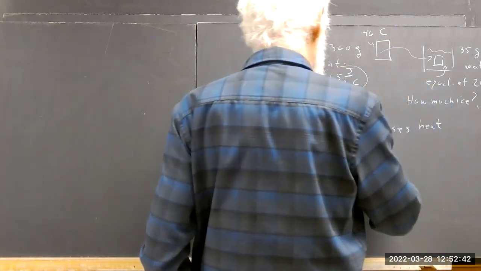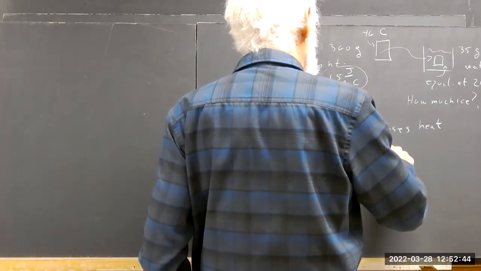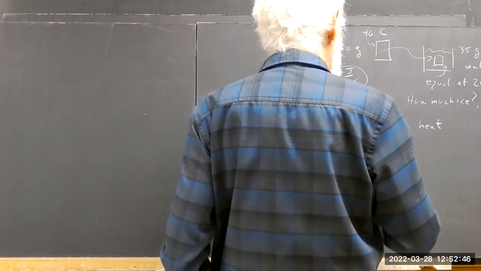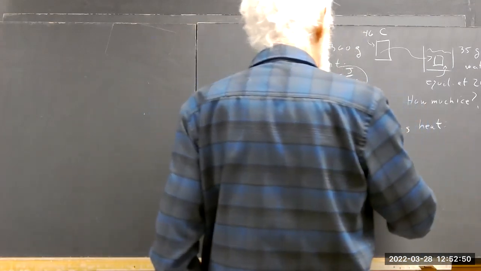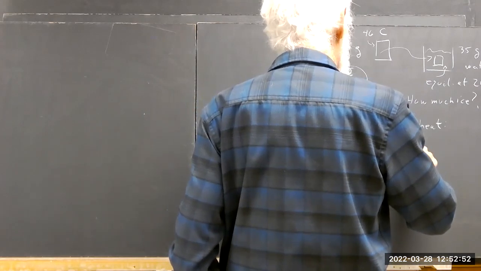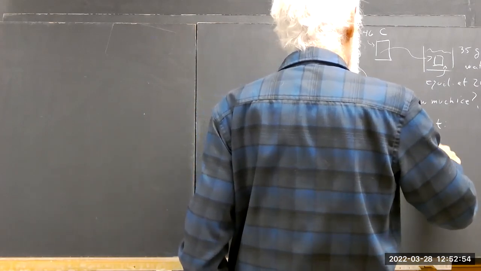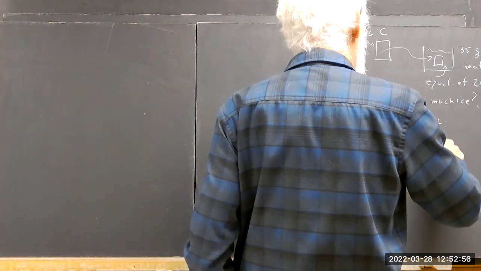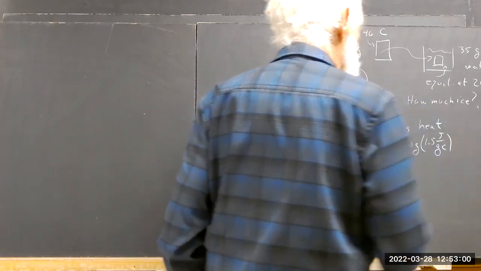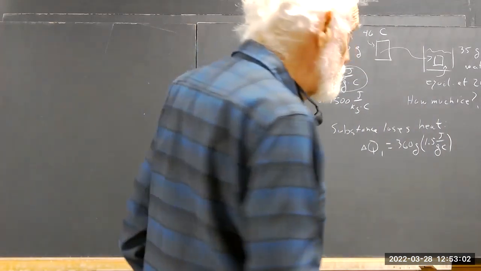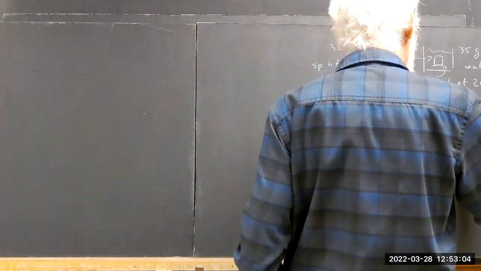heat. We'll call this delta Q1. And that's going to be 360 grams times 1.5 joules per gram Celsius times the temperature it comes to.